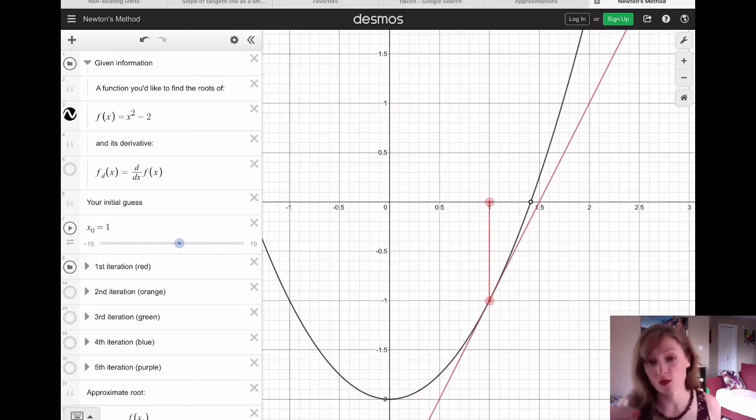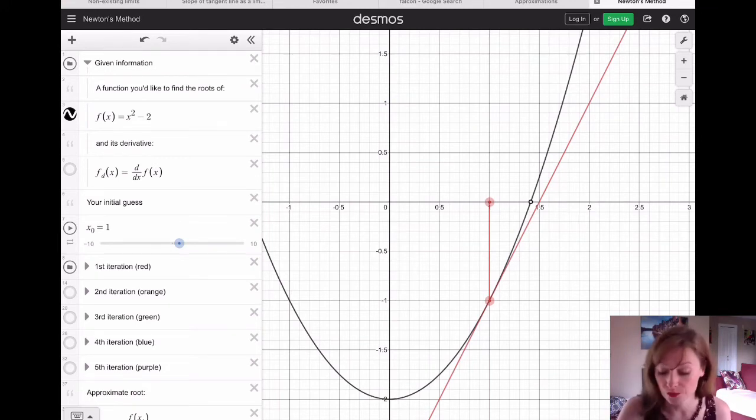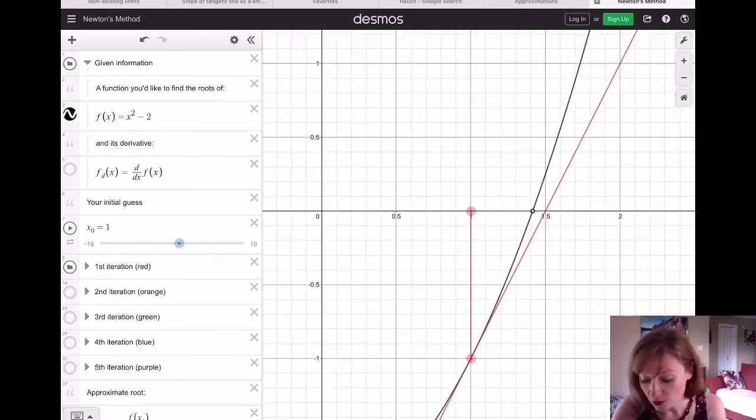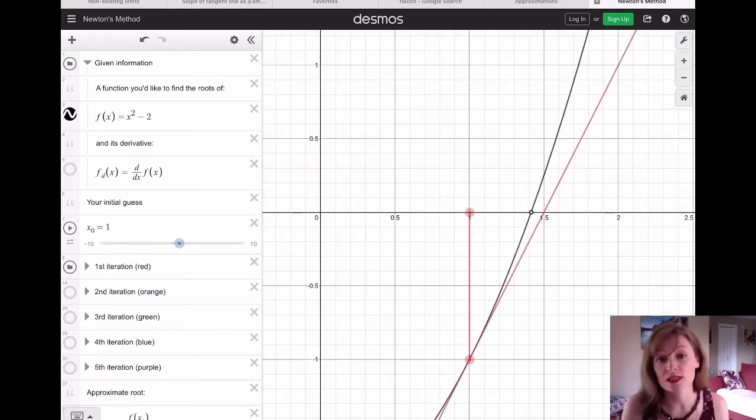So I went up to the function, constructed a tangent line, and then the x-intercept of this line is going to be an approximation of the x-intercept of my function, which in this case is root 2. You can see how the red line intersecting the x-axis is really close to the function's black curve intersecting the x-axis. And I can repeat this by taking the red line's x-intercept as my next guess.